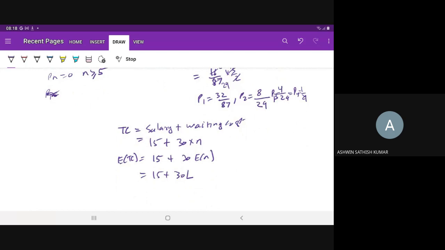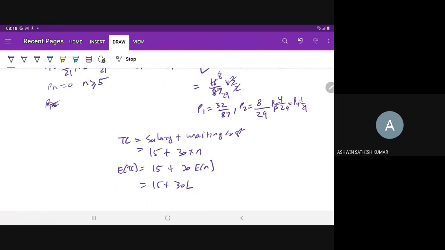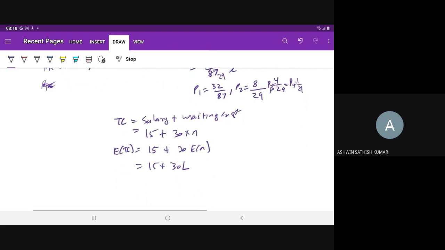So it is 15 plus 30L. You can just check others. It may be a calculation mistake. So what will be L? L is equal to 1P1 plus 2P2 plus 3P3 plus 4P4.